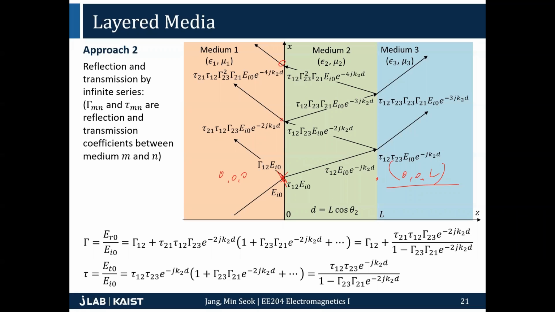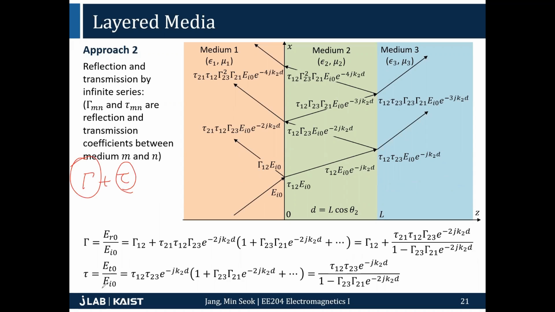Okay, and Kim Jun Mo asks, when we add reflection and transmission, why doesn't this become 1? This is a really nice question. But the thing is, you cannot add gamma and tau in just this manner, right?